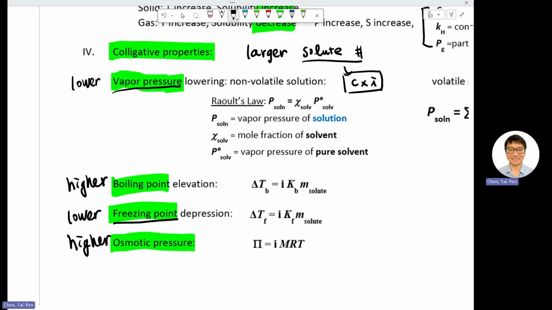So memorize this first. If you have a larger solute number, then you're going to have lower vapor pressure, lower freezing point, higher boiling point, and higher osmotic pressure. This is the first information I want everybody to memorize.